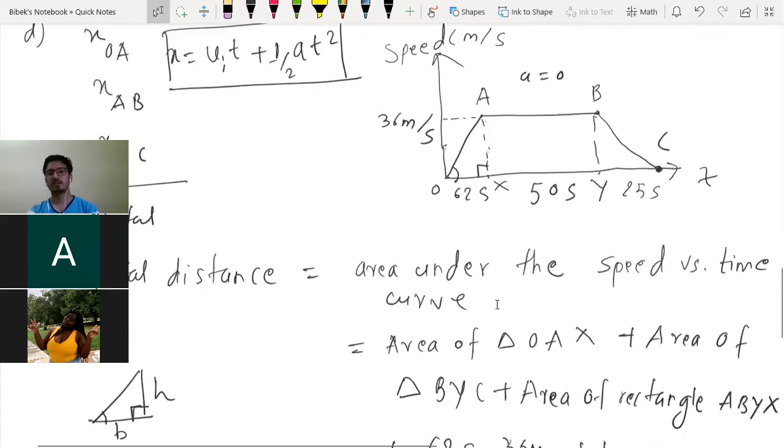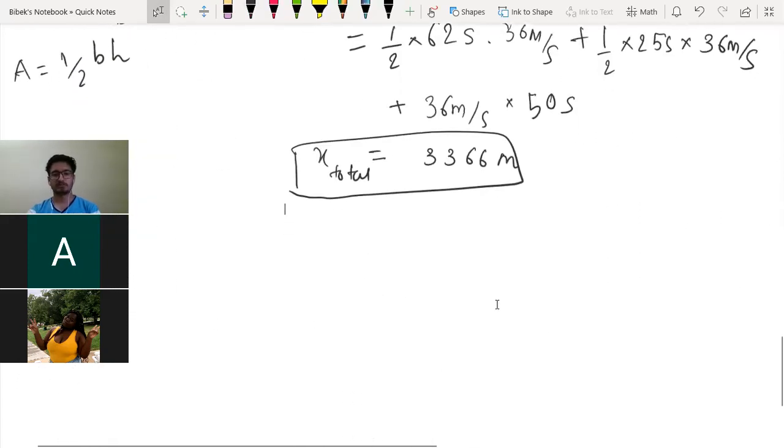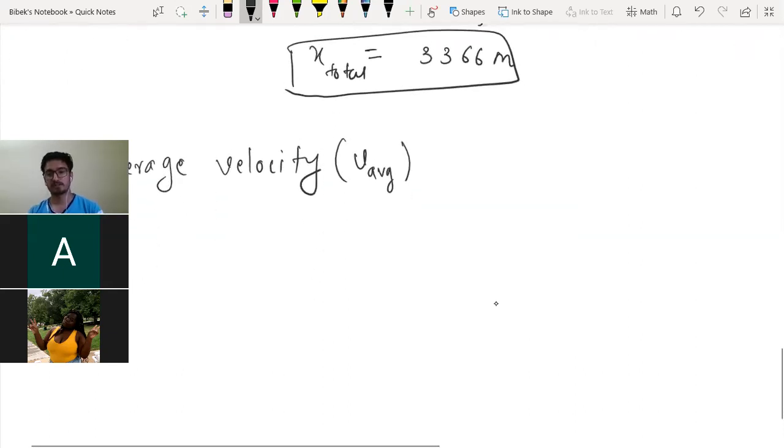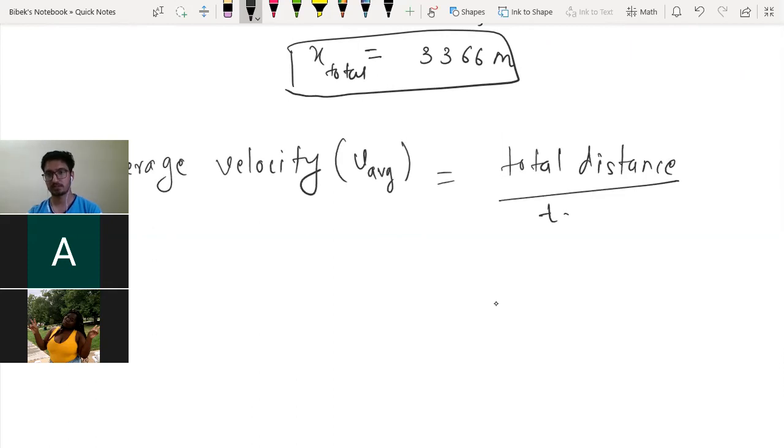Okay. So lastly, in part E, we need to find the average velocity, represented by V average. Average velocity is the total distance over the total time.